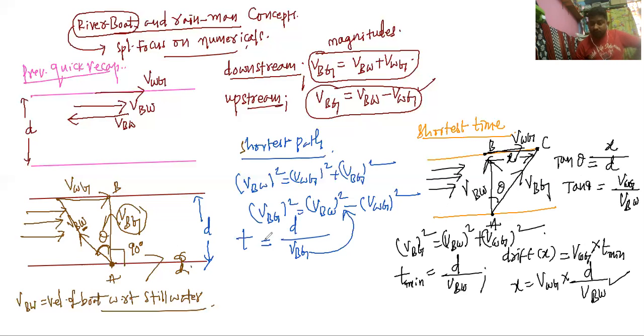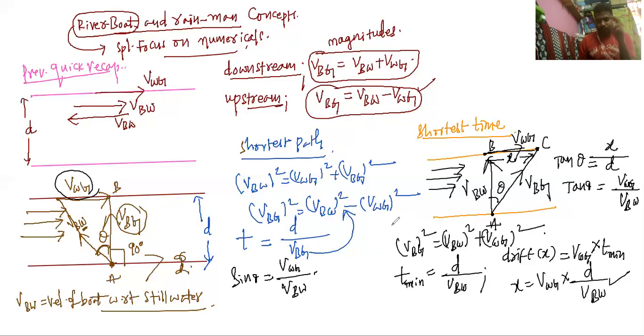Here also sin theta we can write as opposite side V_WG by hypotenuse V_BW. In this way, right? Clear?